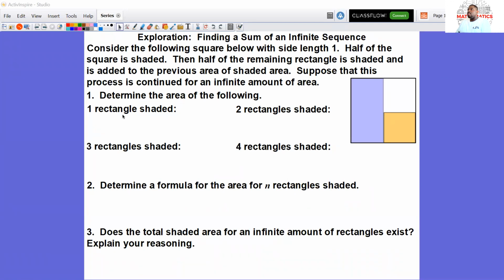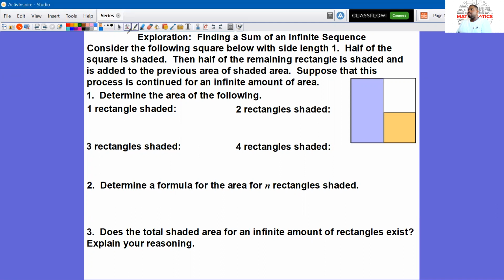So we have 1 rectangle shaded, then 2 rectangles shaded, then 3 rectangles shaded, and 4 rectangles shaded. So we want to determine the area if 1 rectangle is shaded. Based off what you see here, the area of that would be 1/2.